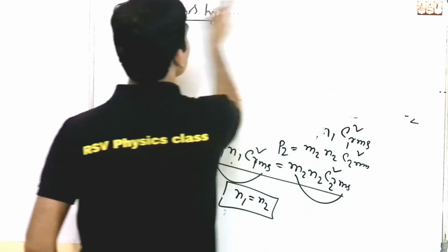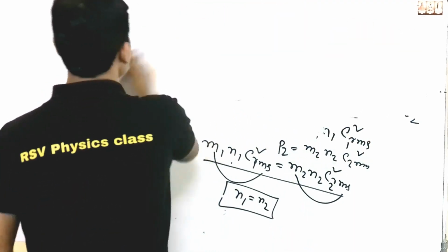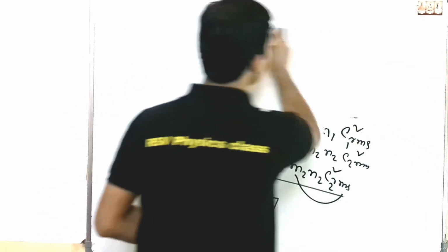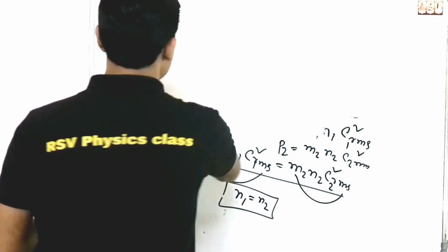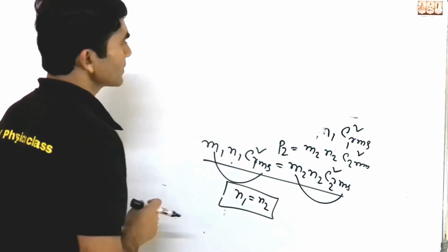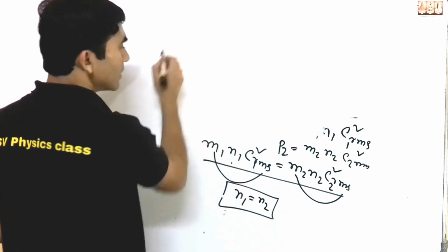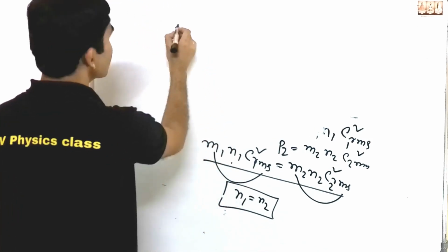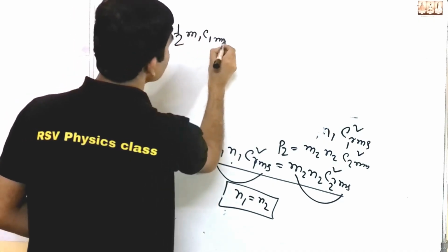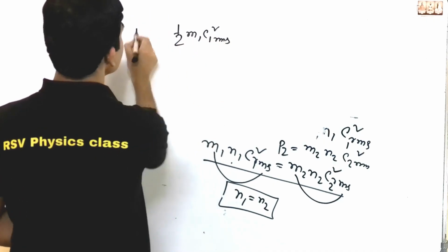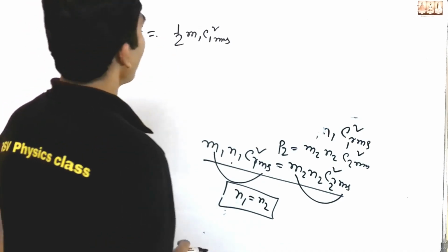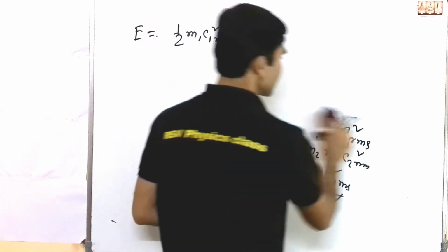Now one thing, you know the total kinetic energy depends on temperature. Okay, and using this, half mc RMS square, this is the kinetic energy of this gas. This depends on temperature. So now let's take a famous example.